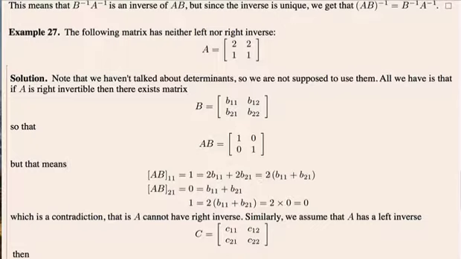We can also factor out 2 to get 2 times (B11 plus B21). And the 2,1 entry of this AB product is the second row times the first column, and that's supposed to be 0. The second row is 1 times B11 plus 1 times B21, so we get 0. But if you compare these two equations, we get that 1 equals 2 times (B11 plus B21), but B11 plus B21 is 0, which gives 2 times 0, which is 0, a contradiction. That means A cannot have a right inverse.